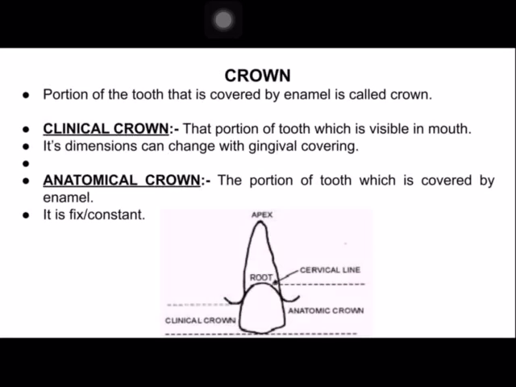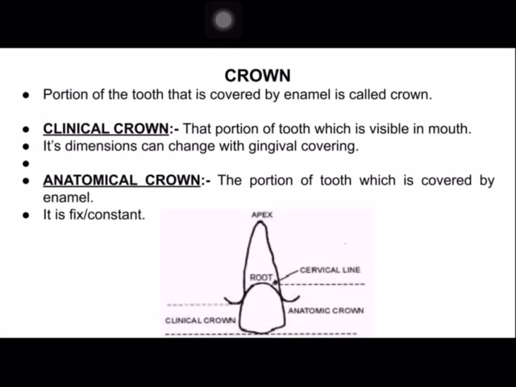Crown is of two types: clinical crown and anatomical crown. Clinical crown is that portion of tooth which is visible in the mouth. Its dimension can change with gingival covering, like hyperplasia of gingiva or hypoplasia of gingiva, so it is not fixed.